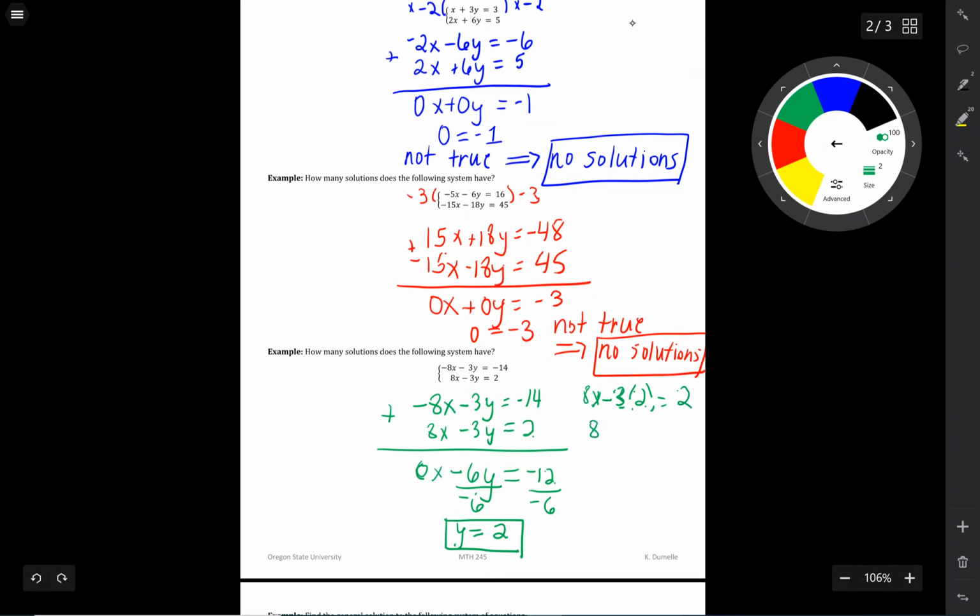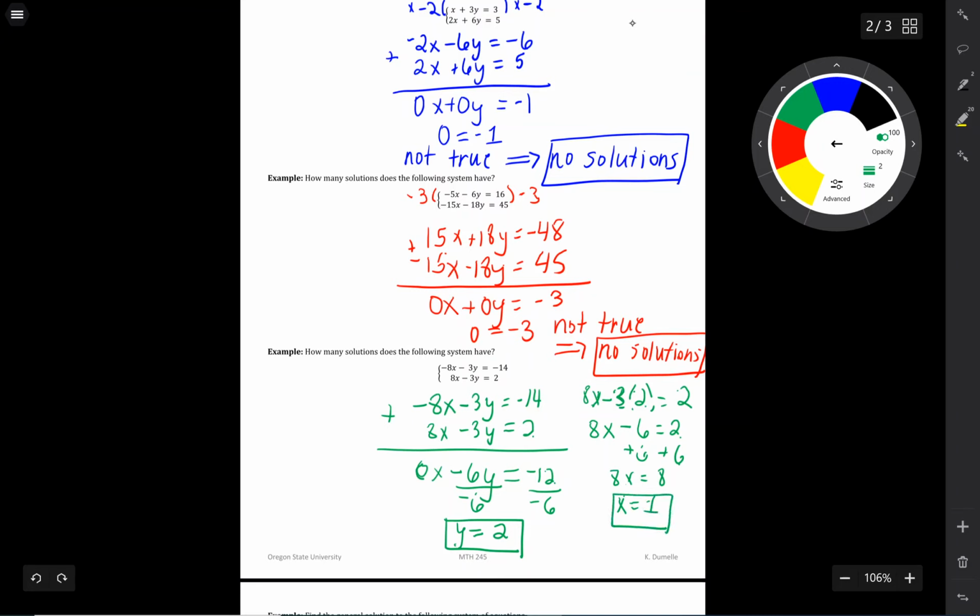So I get 8x minus 6 equals 2. Adding 6 to both sides gives me 8x is equal to 8, which means that x is equal to 1.